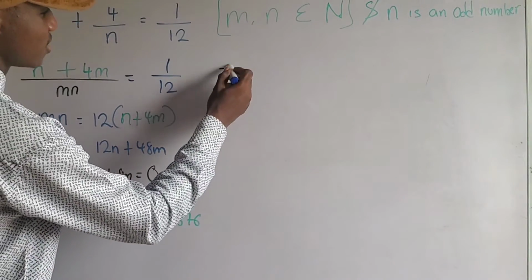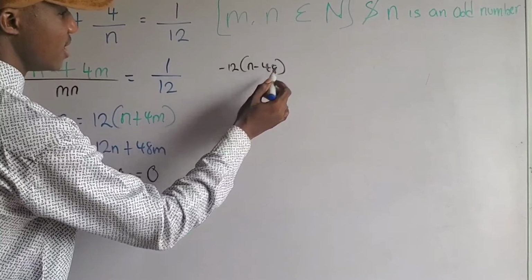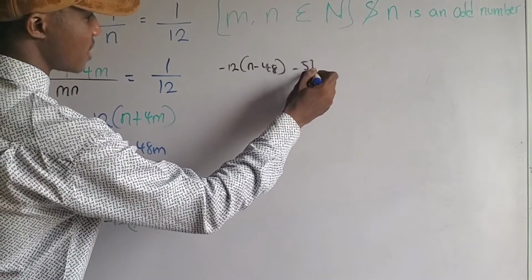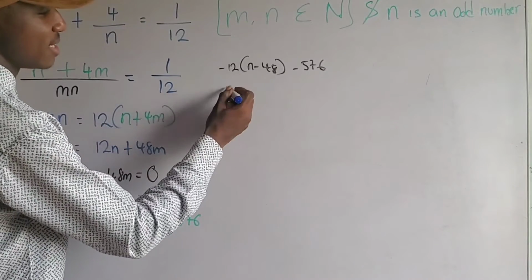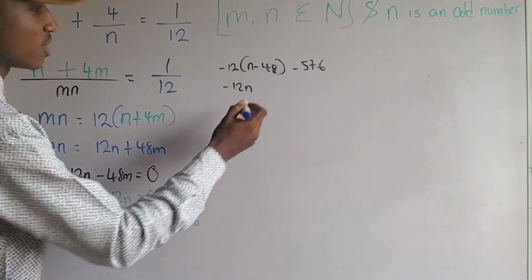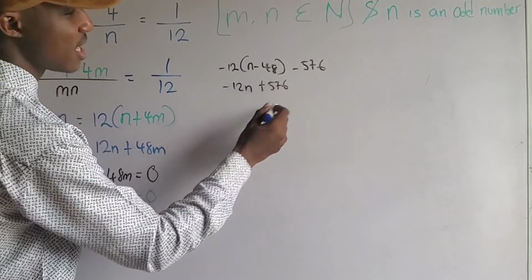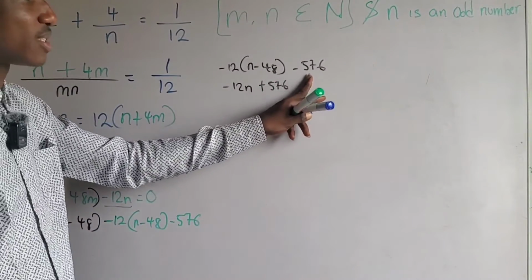Listen. Negative 12 multiplied by n minus 48, minus 576. You are still going to have negative 12n. Negative 12 times n, negative 12n, right? Negative 12 times negative 48, that is positive 576.